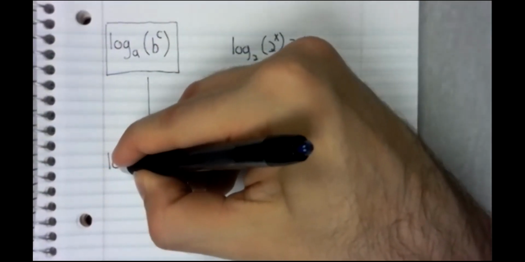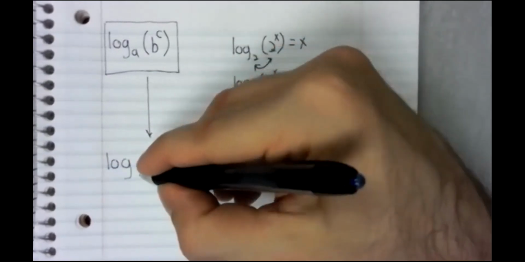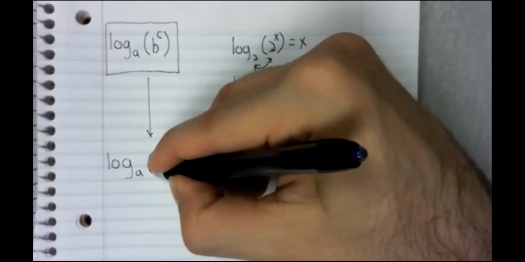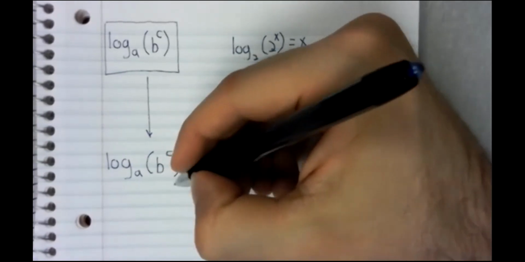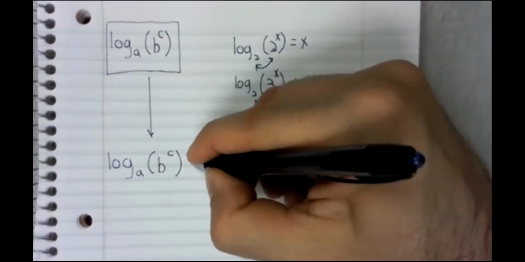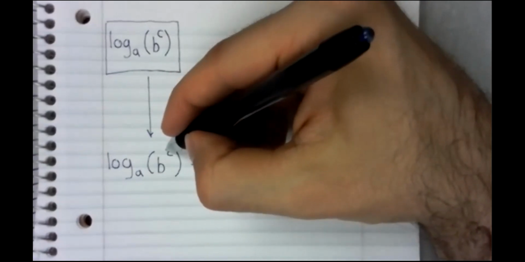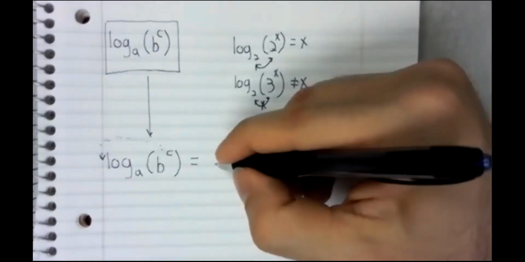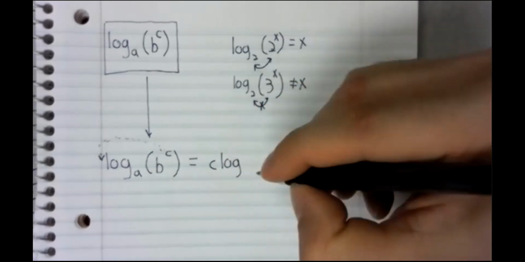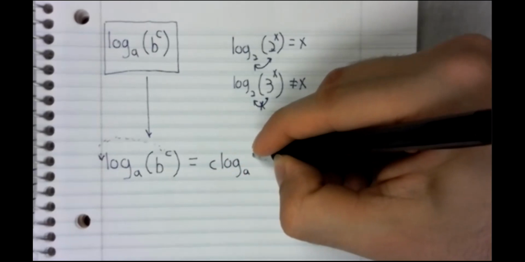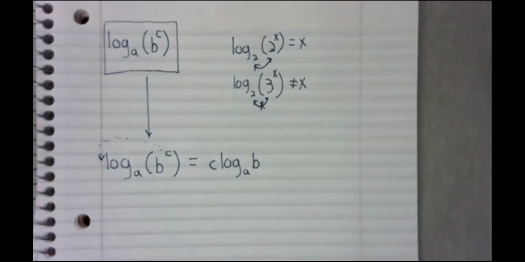And that rule says that if we have a logarithm of a power, that takes the power and moves it down in front of the logarithm.